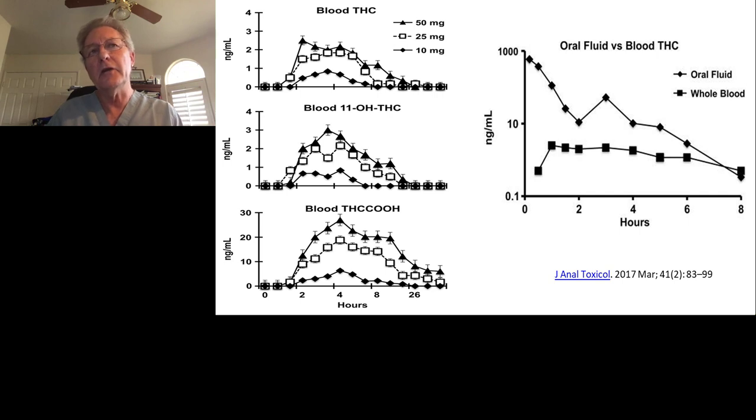In this slide, looking at the results of the study, on the left, we're looking at the mean THC, the 11-hydroxy-THC, and the 11-nor-9-carboxy-THC in blood. On the right, we're looking at oral fluid versus blood levels.